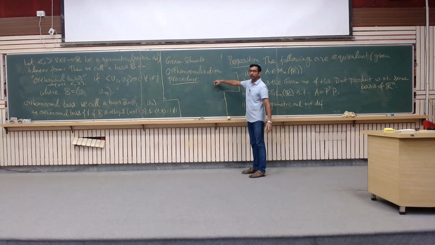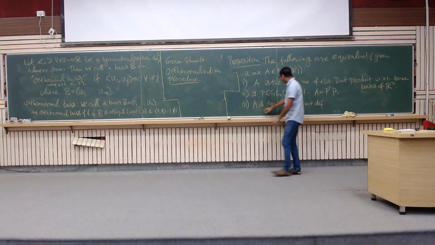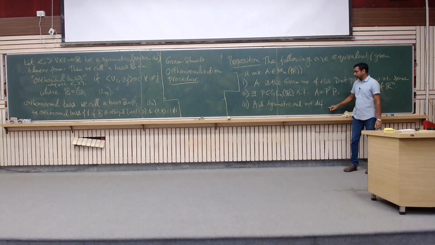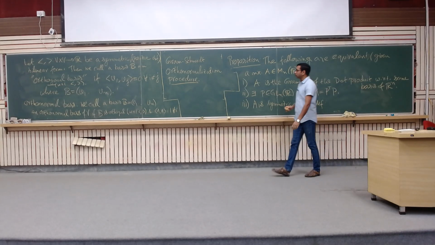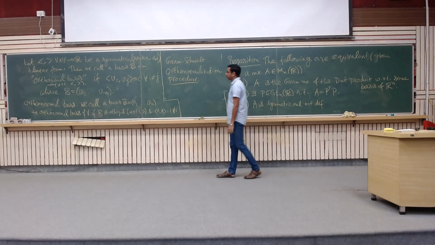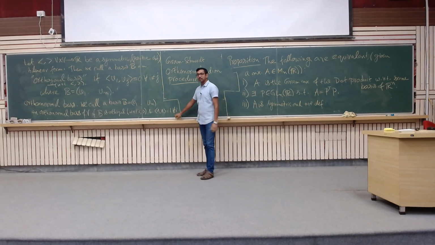Now we come to the Gram-Schmidt orthonormalization procedure. We'll start with a symmetric and positive definite form, that is, A is the corresponding matrix, and we'll show that given such a form, there always exists an orthonormal basis.